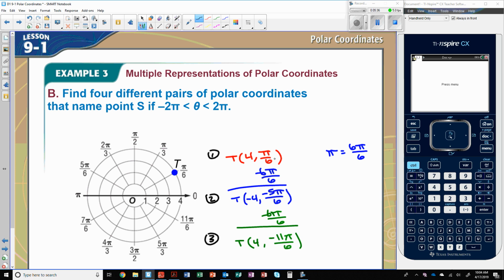So I'm going to create another positive one by going up here, and this time I'm going to add 6 pi over 6. So my fourth point, I come back here, and I want to work this way. 1 pi over 6 plus 6 pi over 6 is 7 pi over 6. And the positive 4 changes to a negative 4.